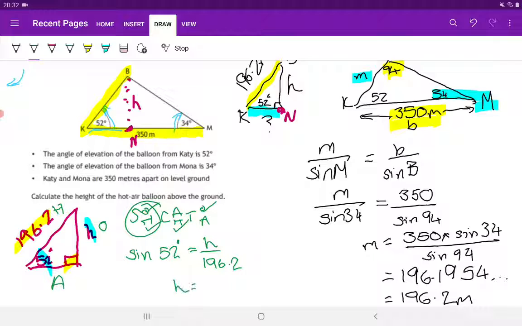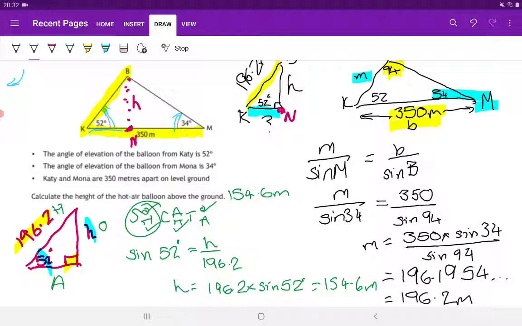So that little h is going to be 196.2 times sine 52. And we do that, and we get, helps if we put in the sine, 154.6.